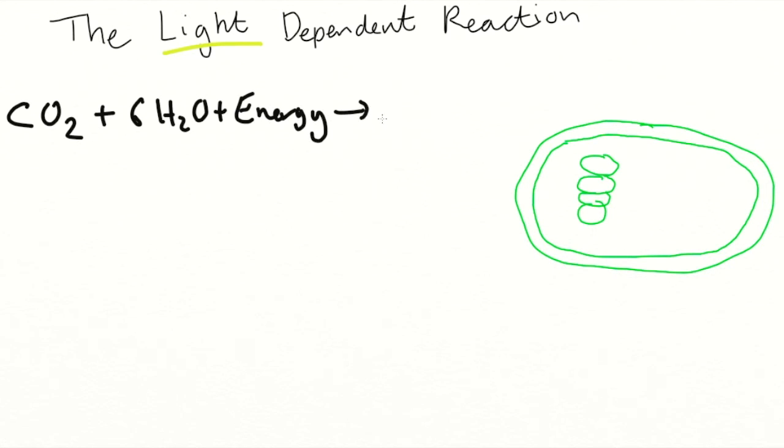And that creates our glucose molecule, C6H12O6, and our 6 molecules of oxygen. Okay, so we have our CO2 and our water and energy go in, and our glucose molecule comes out with a byproduct of oxygen. Okay, so hopefully you remember that.